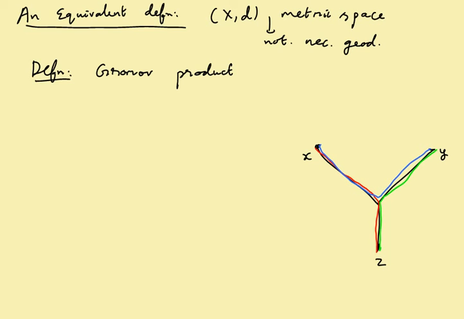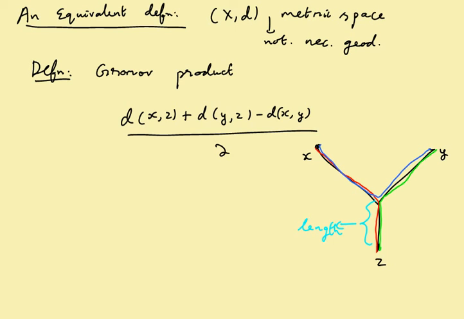Okay, so now let's ask, what is this length? Well, I'll write down the formula for this length. In the case of the tree, it's very easy to see that this is the distance between x and z plus the distance between y and z minus the distance between x and y, divided by 2. Okay, so this quantity is this length here.